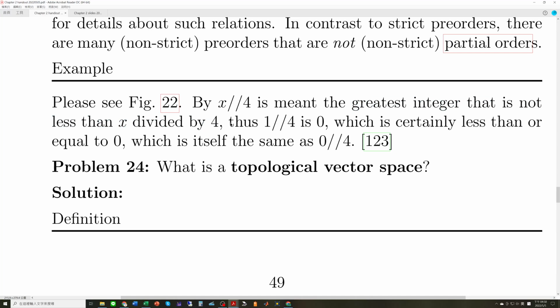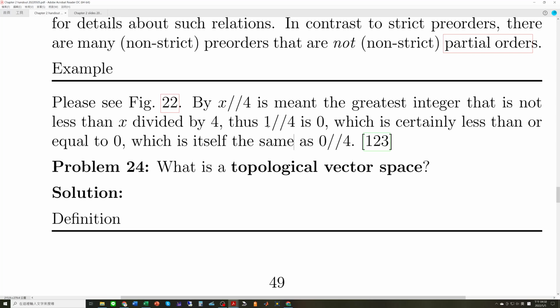Okay, thus 1 double slash 4 is 0. Okay, do you know why? Okay, because 1 double slash 4 is the greatest integer that is not greater than 1 divided by 4.